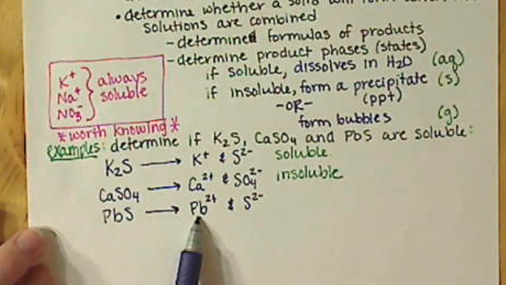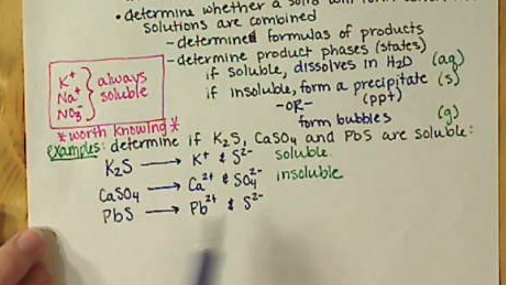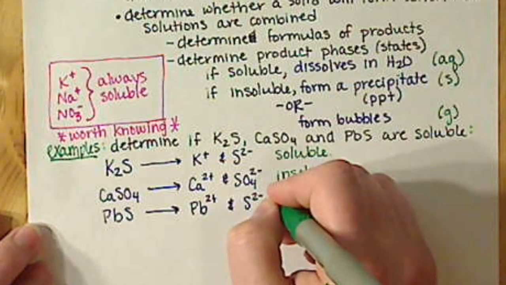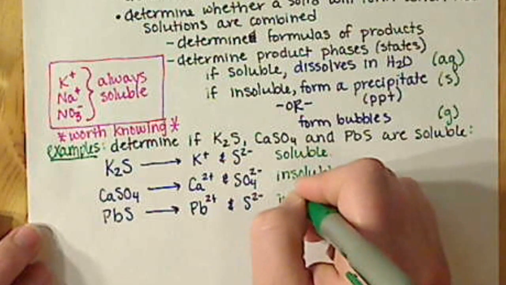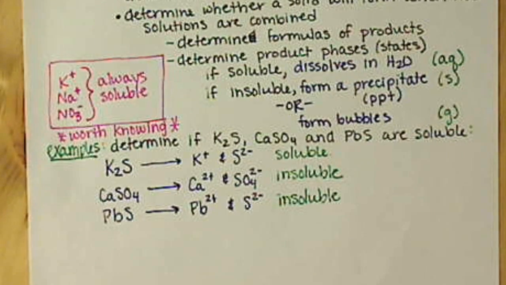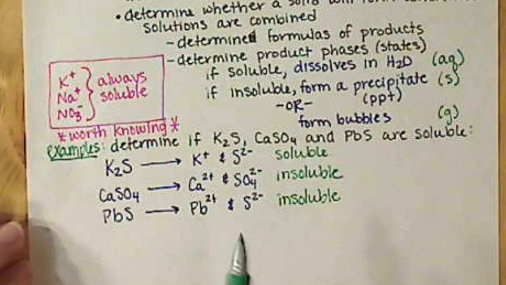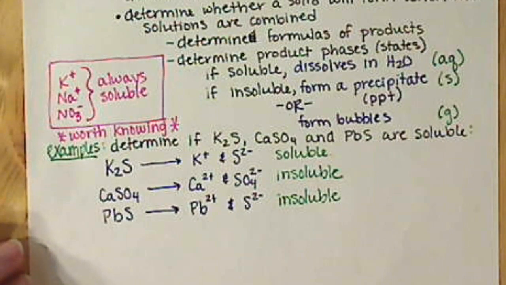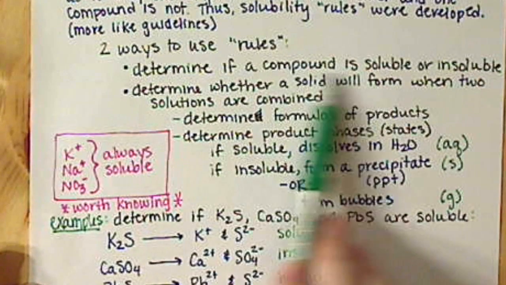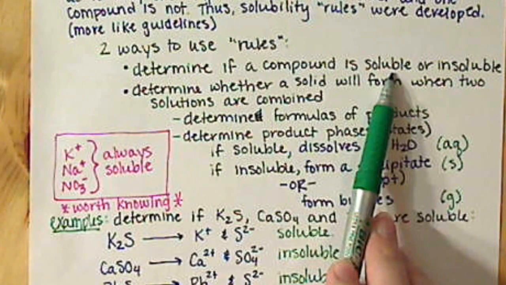So lead 2 sulfide, PbS, is going to be insoluble. That is just an example of working through our solubility rules to determine if our compound is soluble or insoluble.